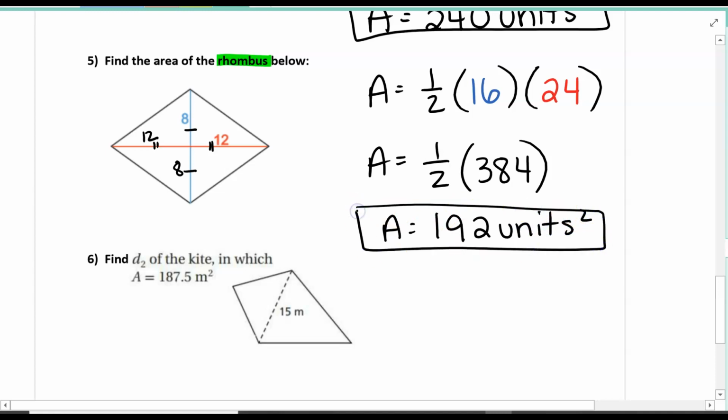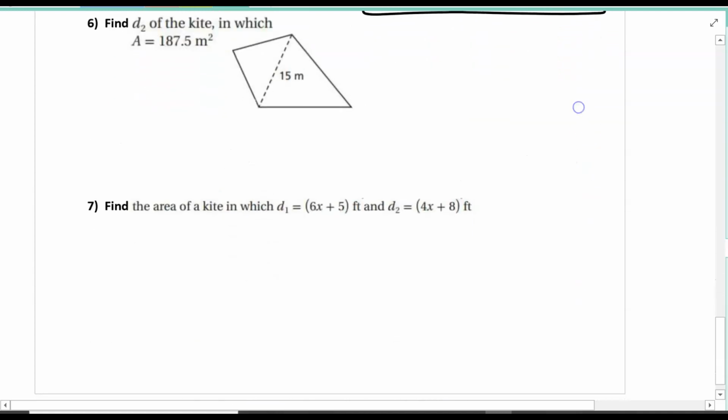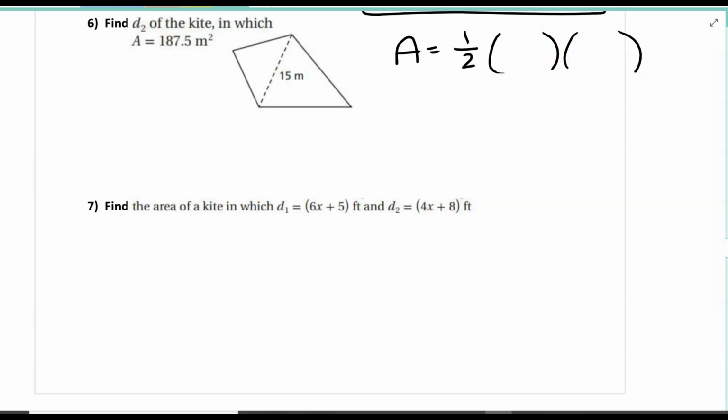Okay, 2 more questions, almost done. While these two change things up a little bit, I still start exactly the same way. Don't change things just because they're giving you different information. A formula is a formula. So if I start off with area is equal to 1/2 times one diagonal times the other, I realize, oh, well, they only gave me one diagonal.